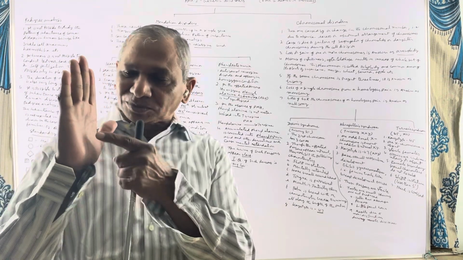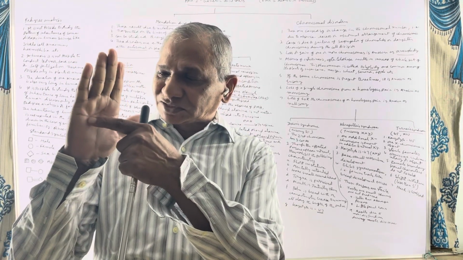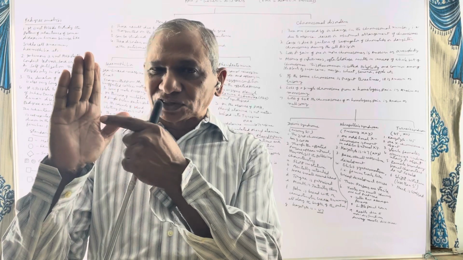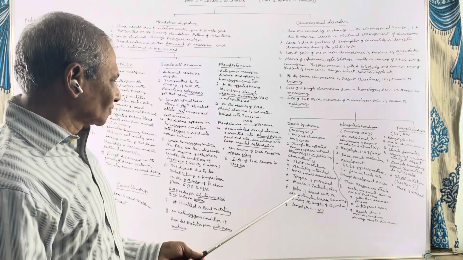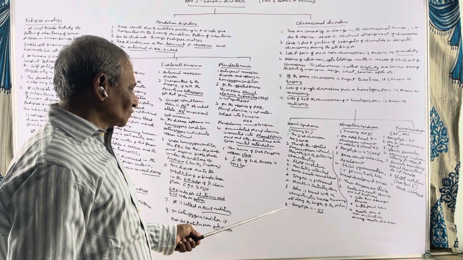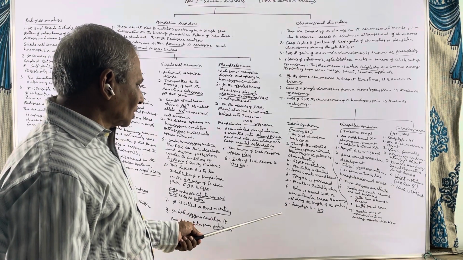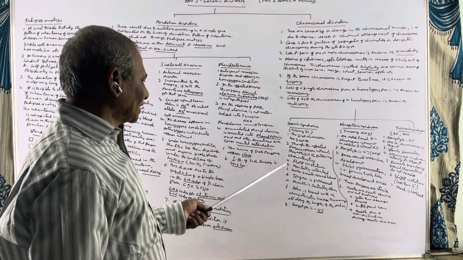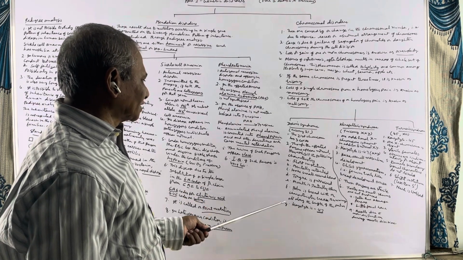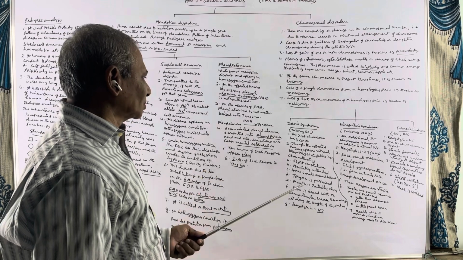In the palm we have some lines, but they have a big crease running all along the width of the palm. Simian crease means it is present in monkeys. The karyotype is 47. So these are some of the disorders exhibited by Down syndrome people.